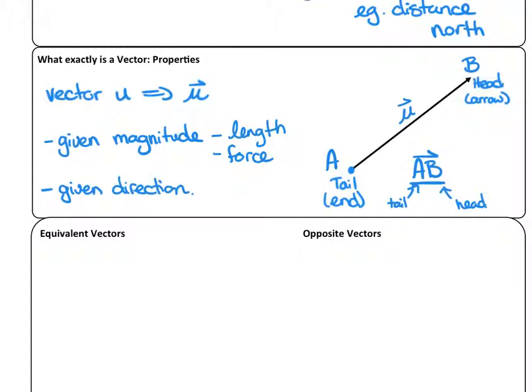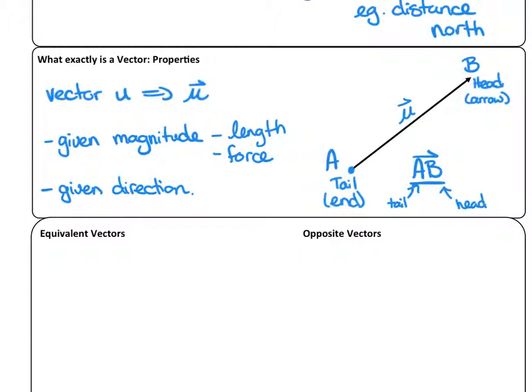Now, the direction can be in different ways. It could be up and down, left or right. It could be given in compass directions, north, south, east, or west. It could be given as degrees, which we're going to get into. I'm going to go over how they actually give direction. So just be aware that you're going to be given those things when you're given a vector.